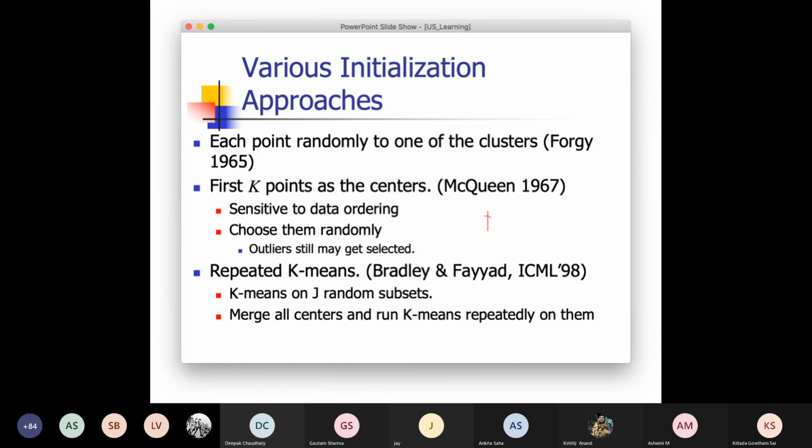Let me show you. Say I have some data points like this. Suppose I randomly choose some random subset, say this subset, and I perform k-means here. After performing k-means, I have two such points.